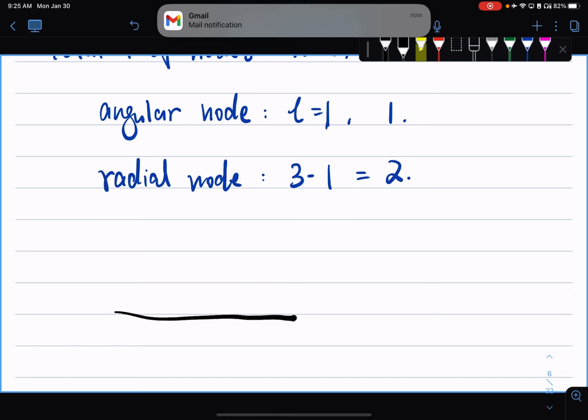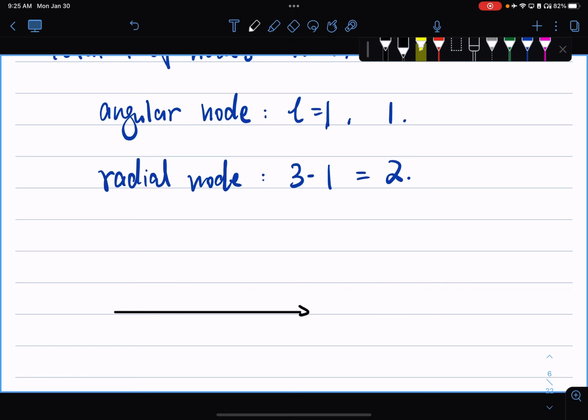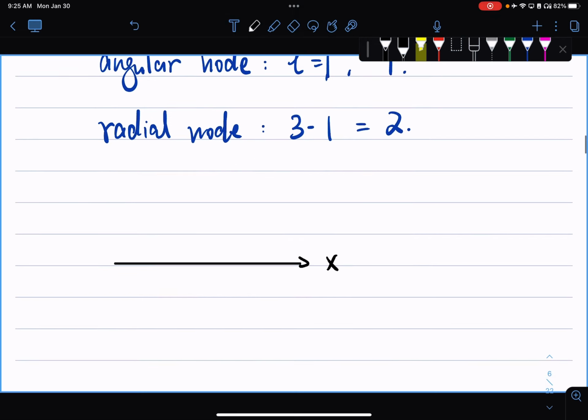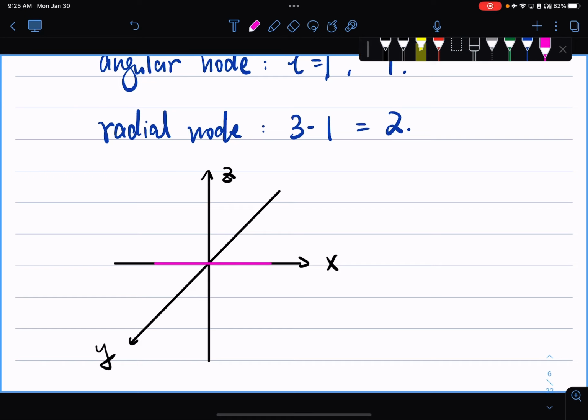So I always start by drawing the Cartesian coordinates. And in this case, let's draw the angular node first.